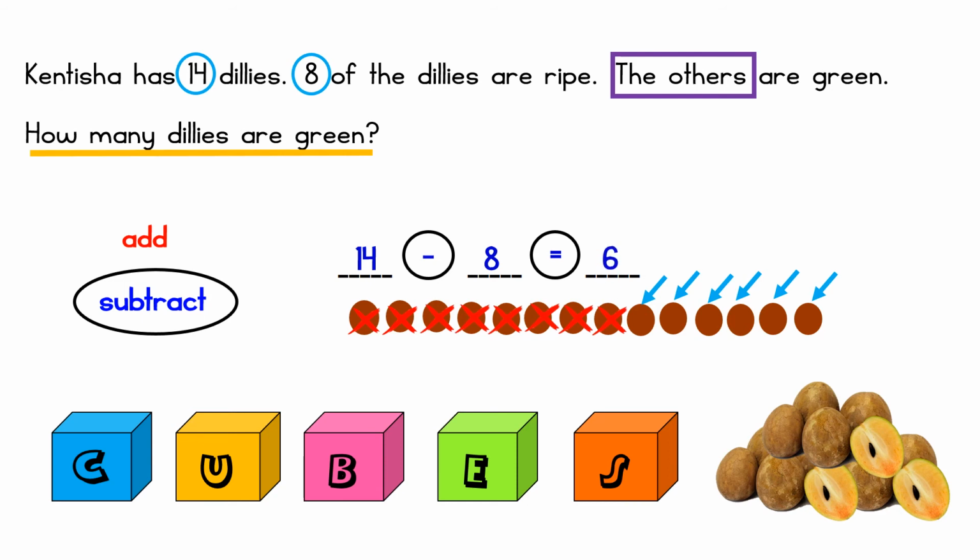There are 6 green dillies. Kentisha has 6 green dillies. Excellent.